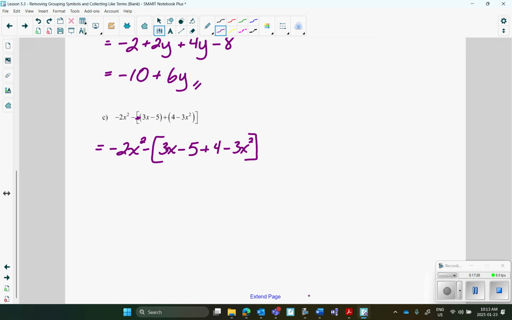When we take out the brackets, now things are going to change because there's a minus in front. So we get minus 3x plus 5 minus 4 plus 3x squared.